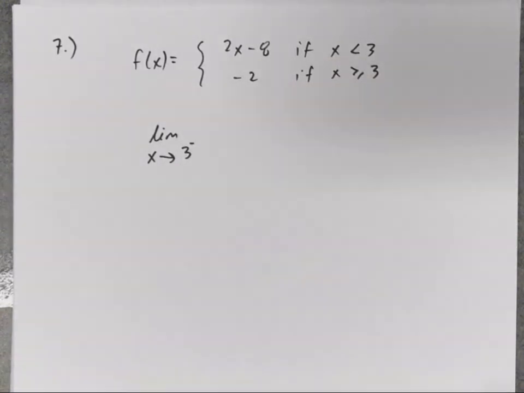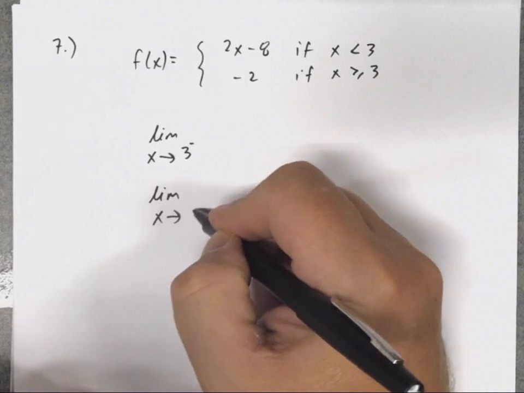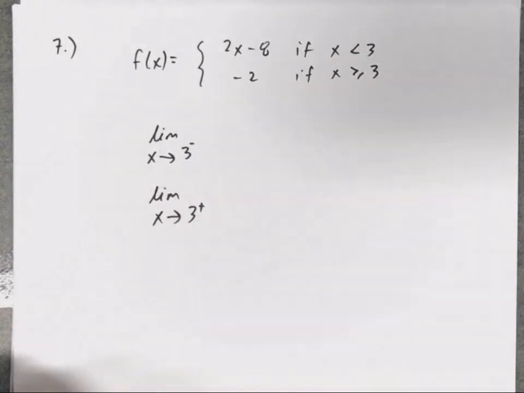But then we also need to look at approaching 3 from the high side. You can think of plugging in x as 3.1 or 3.05 or 3.01, where the number is a little bit larger.